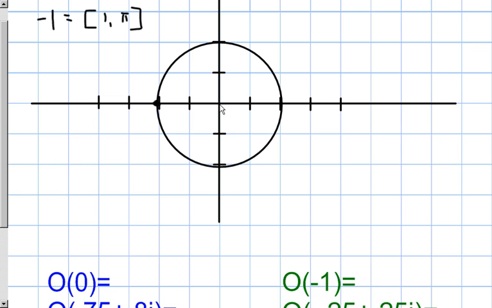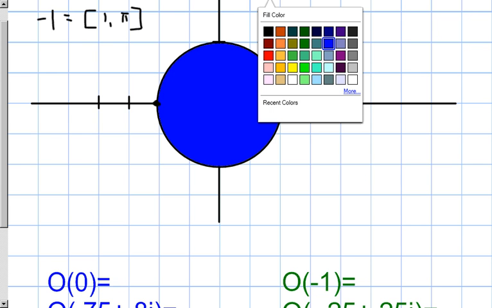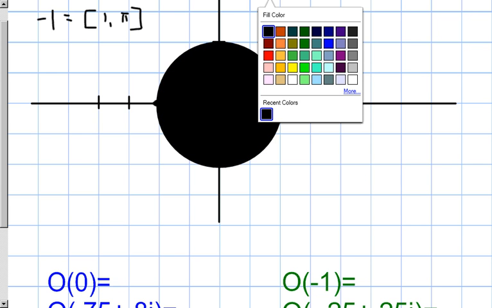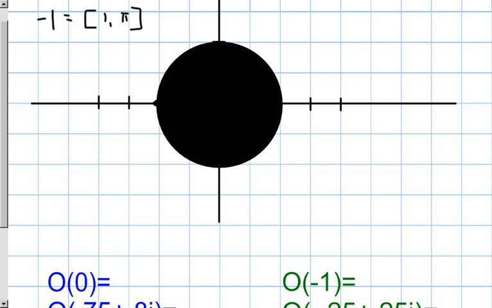Some orbits might get to 0 a little bit faster than others, but they will all eventually approach 0. So that has to be shaded with black. And everything else is red.